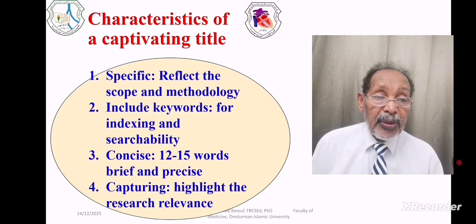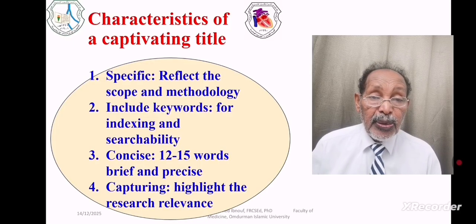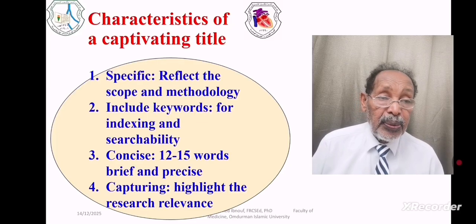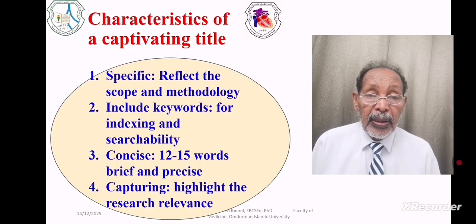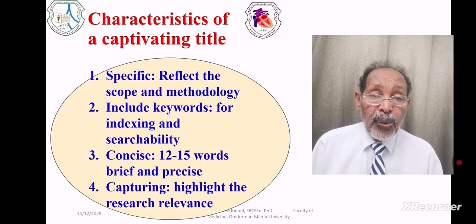Keywords are important for indexing. When we publish the research, it will be easy to index, easy to search, and easy to cite. So it is better to include some keywords in the title.